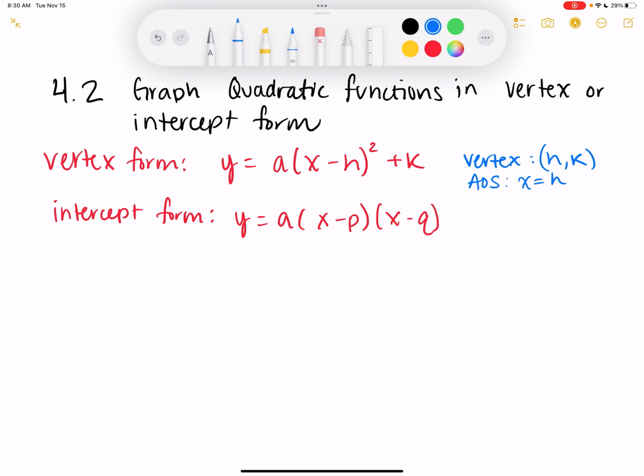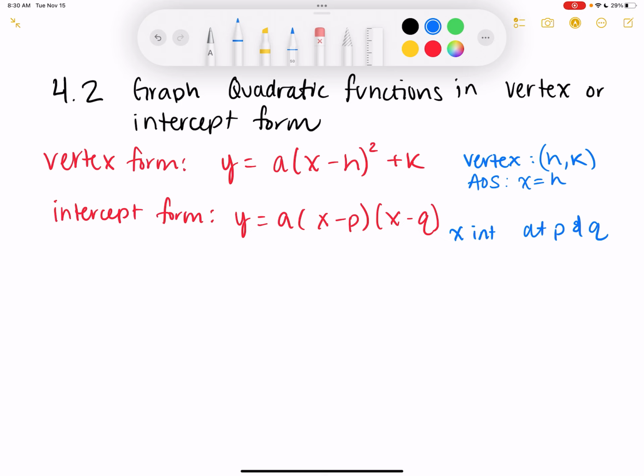For intercept form, we do it a little bit different. We find the intercepts, so the x-intercepts are at p and q. Again, if these signs don't match here, then you have to change the sign on your intercepts.